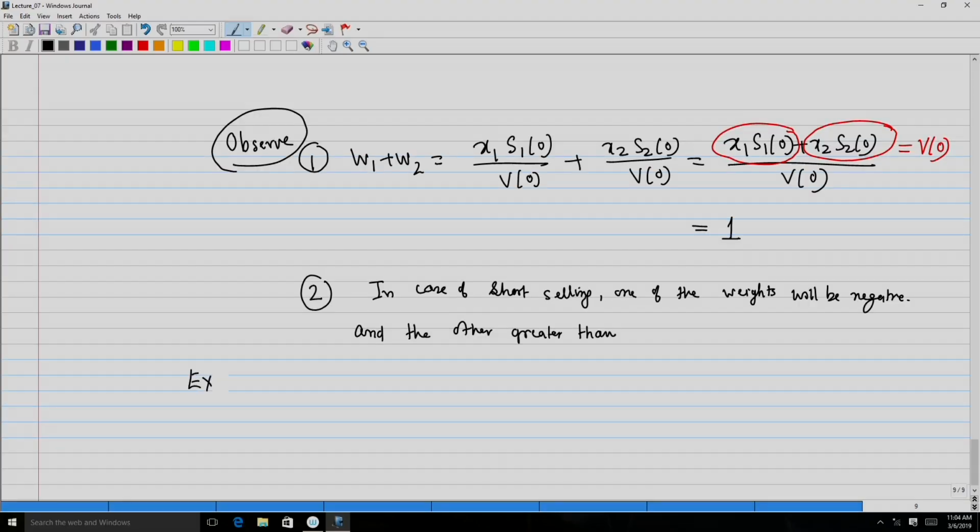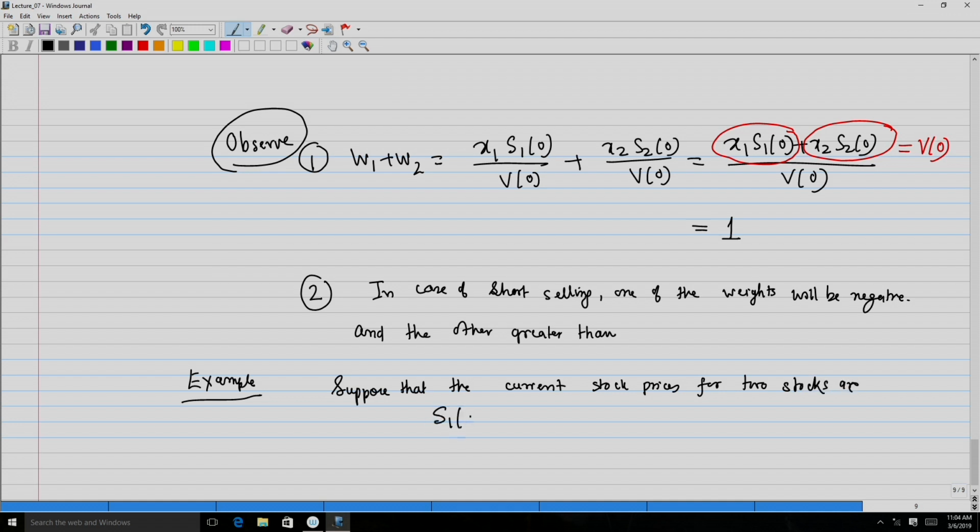So, we begin with this little example. So, suppose that the current stock prices for two stocks are S1 of 0 is 30, that means one share is 30 for the first stock, and for the second one this is 40.